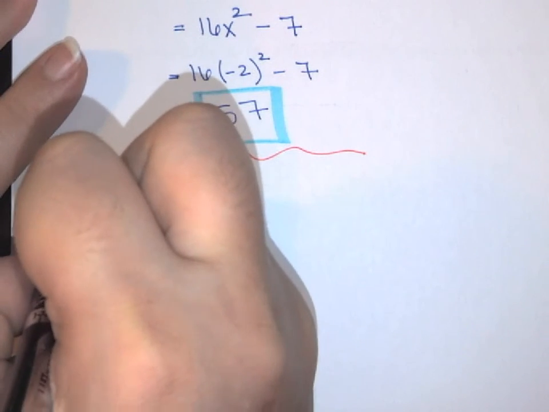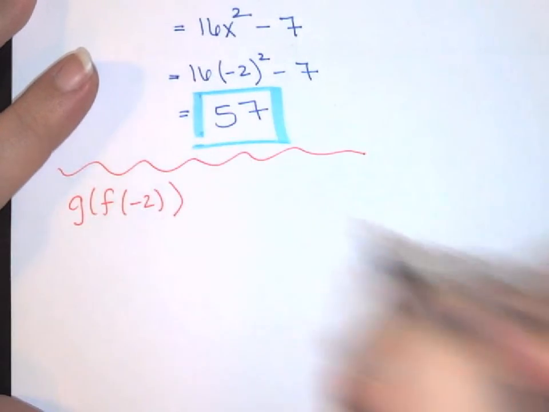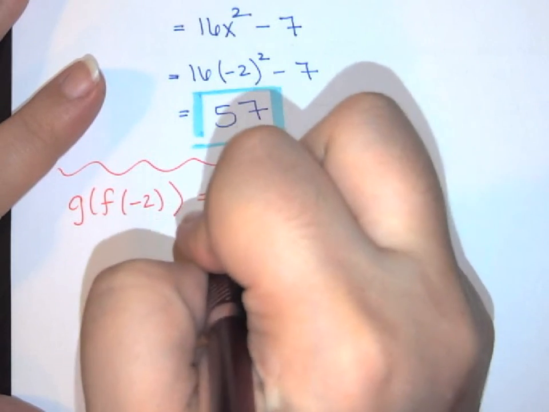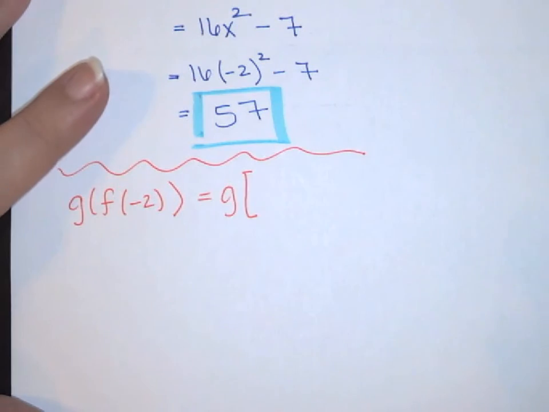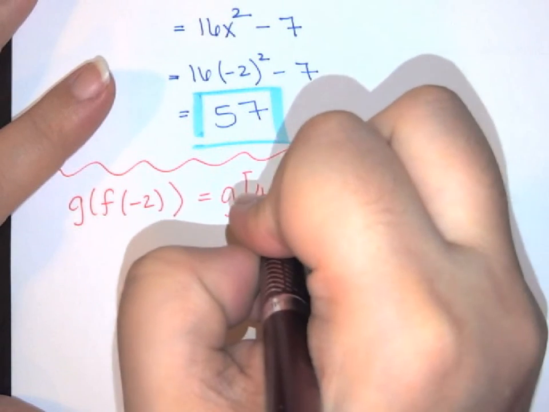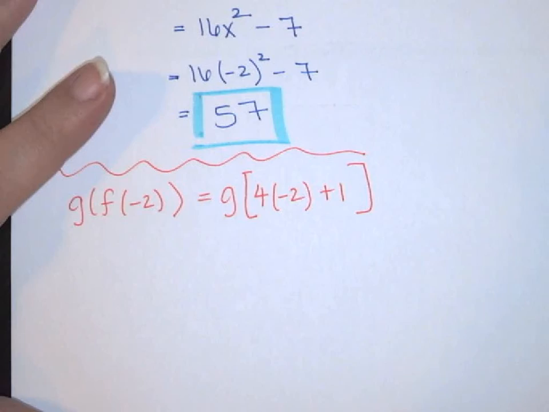We are looking at g of f of negative 2. So this means that I'm looking at g of, and then my f was 4x plus 1. So this would be 4 times a negative 2 plus 1.